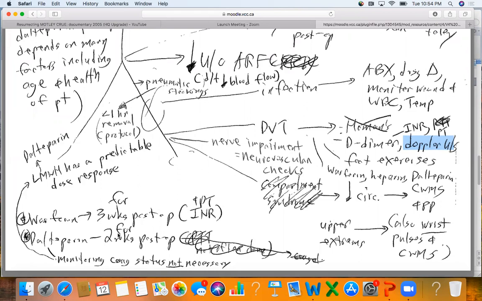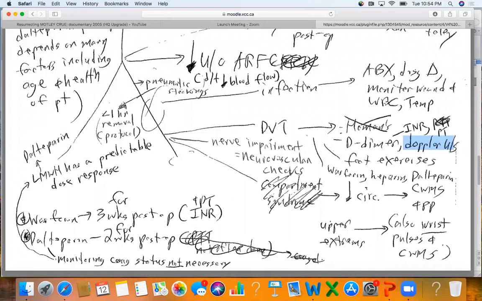Some people can't use the dalteparin, so they'll go on home with warfarin for 3 weeks. For that, of course, you do have to monitor your INR for sure. I want to stress again that neurovascular checks, which we'll talk about in the INP, are huge. It has to be done for these patients for any joint surgery. Arms, legs, whatever.